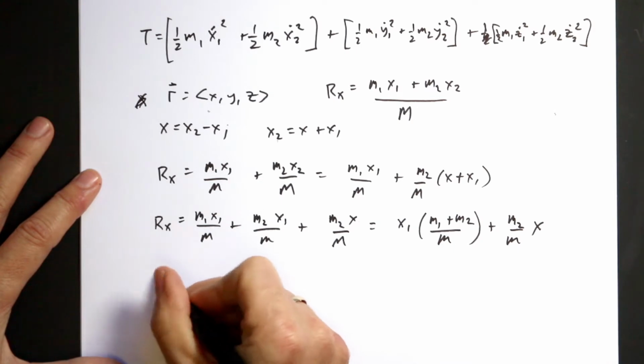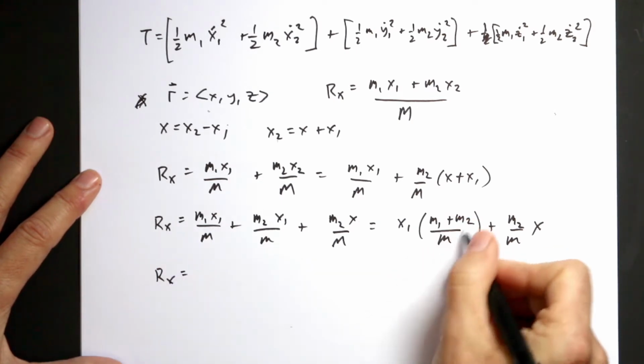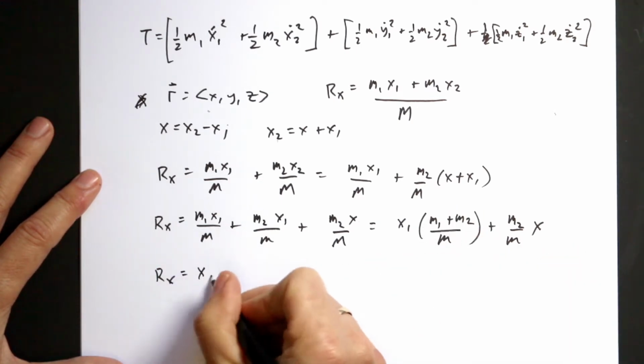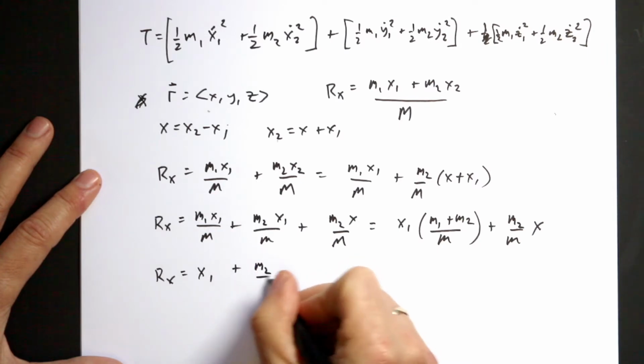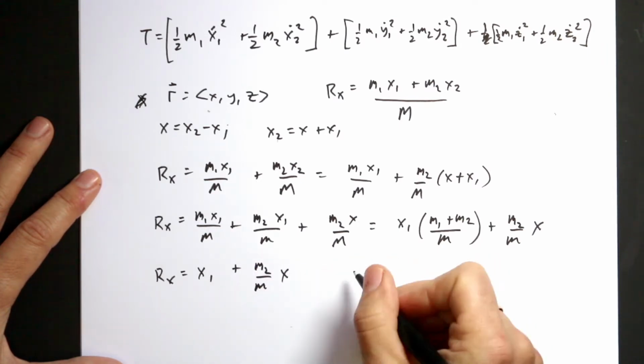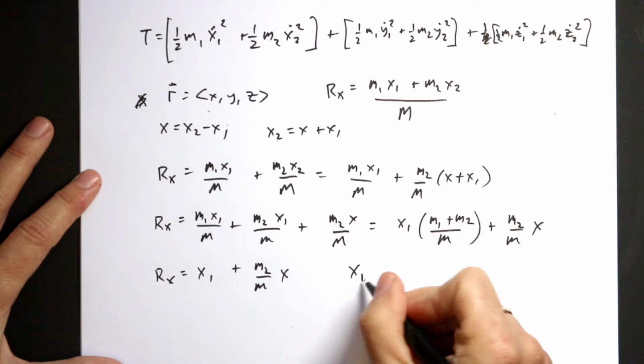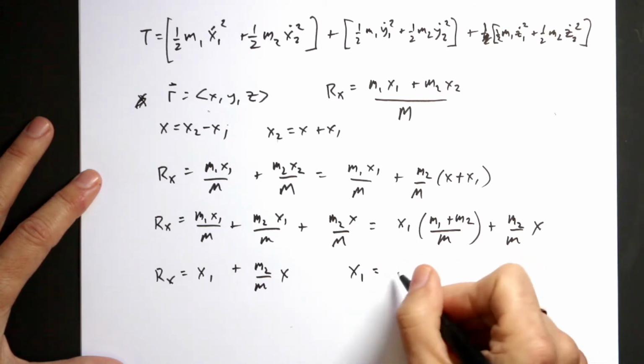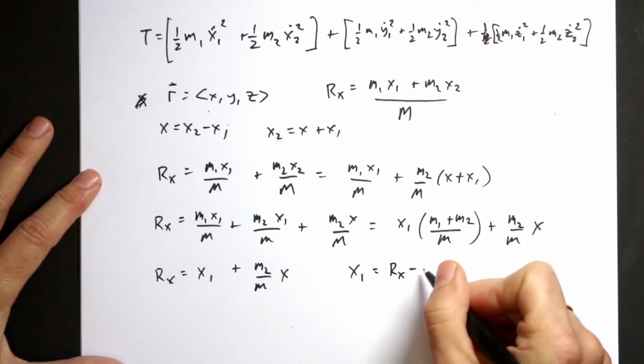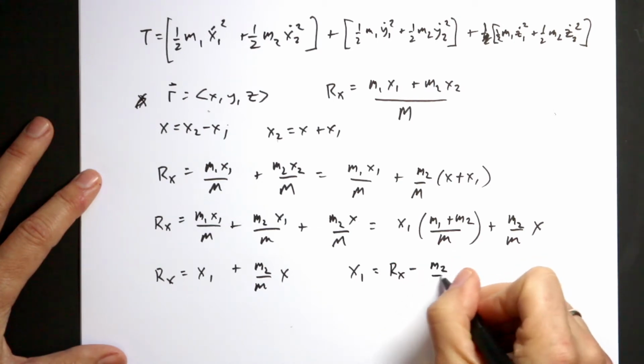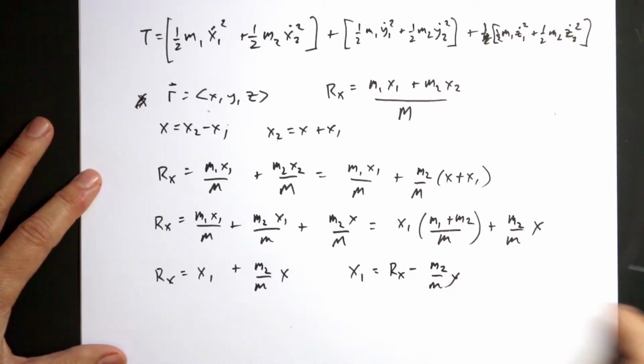So now I get Rx equals, this is just x1 plus m2 over M x. Now I can solve this for x1 equals Rx minus m2 over M x. Very important equation.